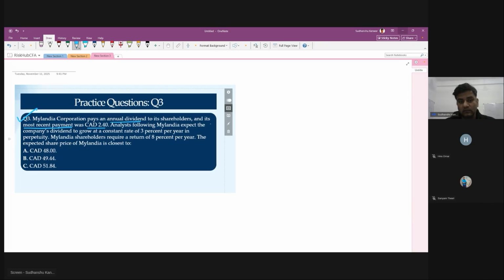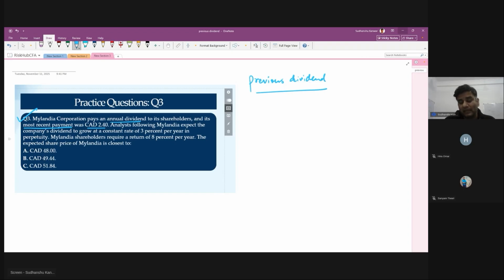See, even if they call it most recent, it is the dividend which has been paid previously. Anytime you see a previous dividend, please keep in mind, even though they have tried to confuse you by saying most recent dividend, it's a previous dividend, right?